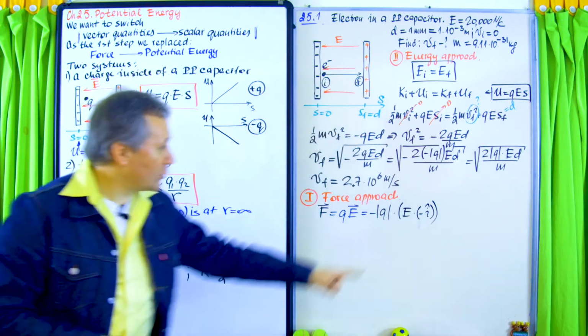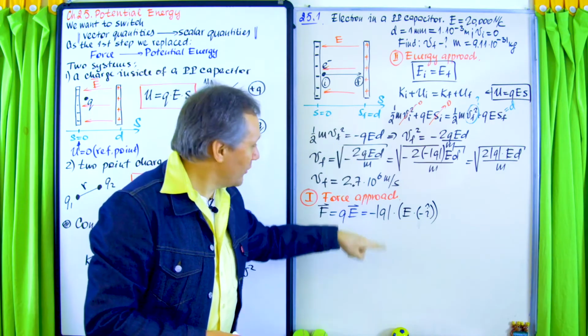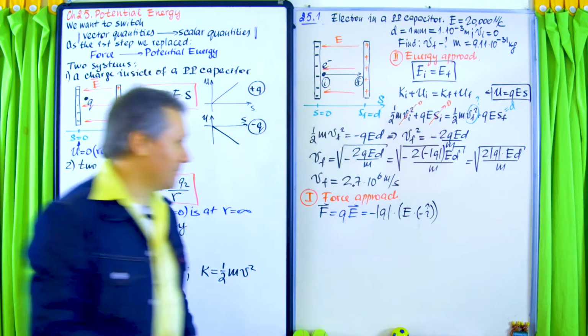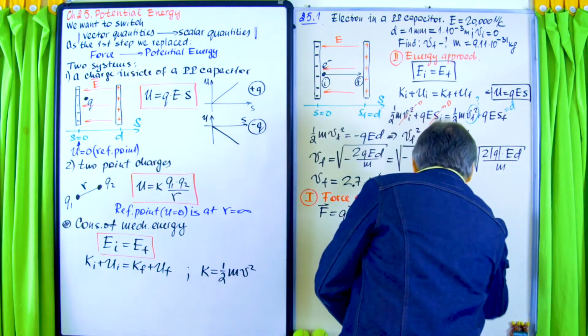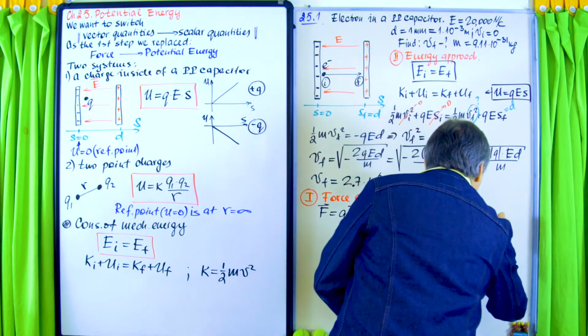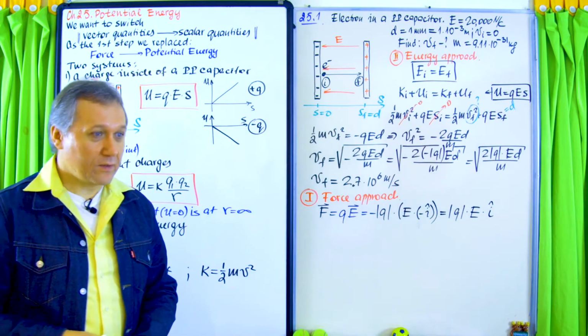I just wanted to show that the direction of E is negative. So we have minus here, minus there, plus. So it will be the absolute value of the charge times the absolute value of the electric field, now in the positive S direction. Does it make sense?